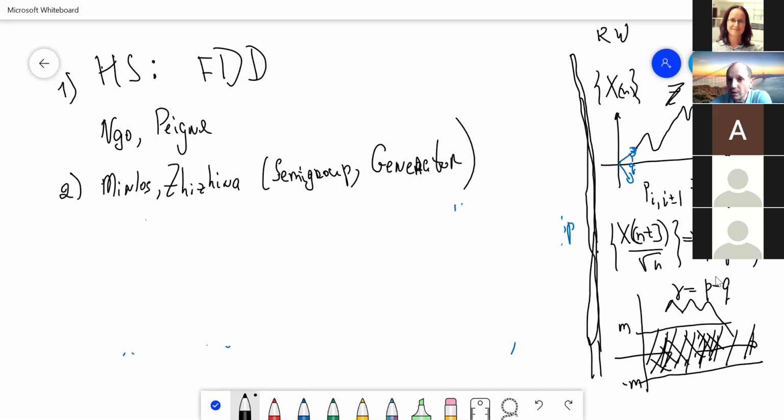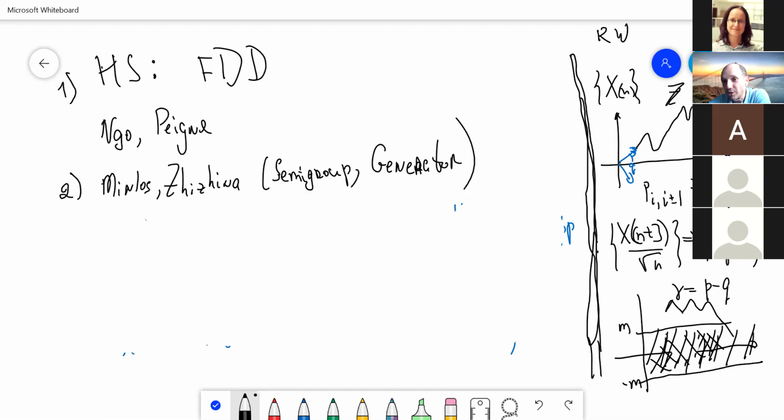However, there are a lot of difficulties in this direction, because for a walk you have a discrete structure, and for skew Brownian motion you have a continuous structure, and it's not easy to prove convergence of semi-groups in terms of convergence of generators, because you have to care about the domain.